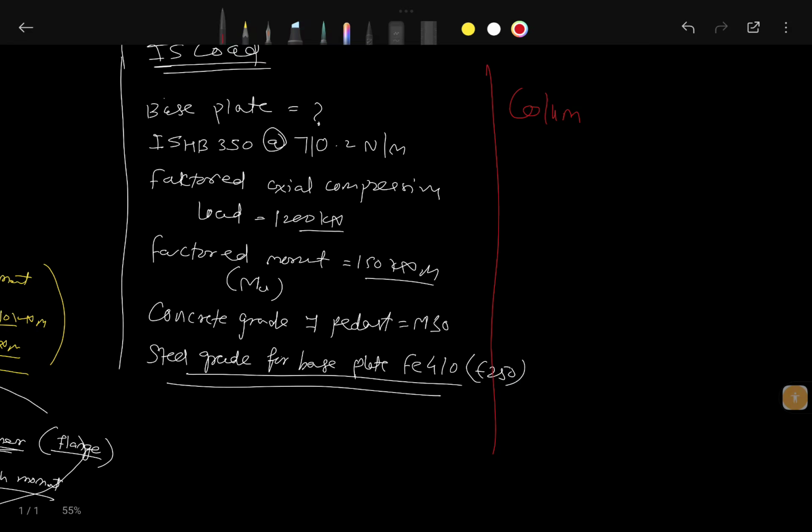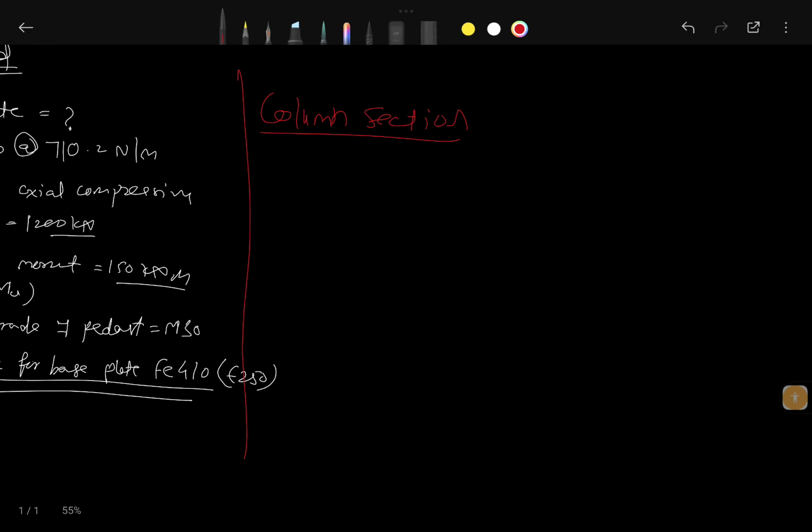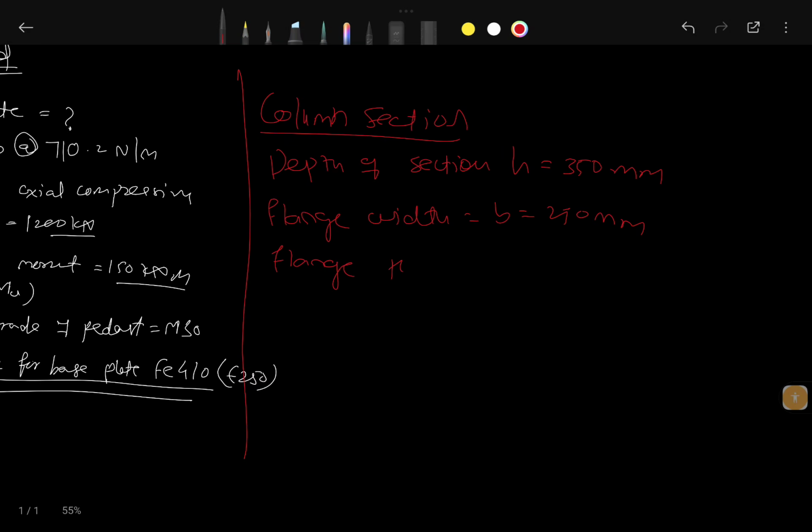The depth of section H is equal to 350 mm, flange width B is equal to 250 mm, flange thickness TF is equal to 11.6 mm, and web thickness TW is equal to 8.3 mm.